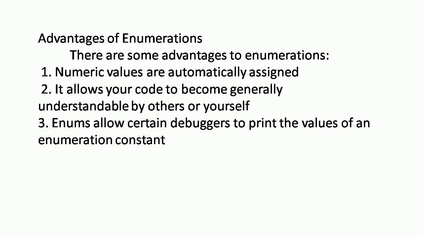First one is that numeric values are automatically assigned. Numeric values means the numbers. Values are automatically assigned. It allows your code to become generally understandable by others or yourself. Your code means the program you have developed, and it is understood by yourself and others simply.